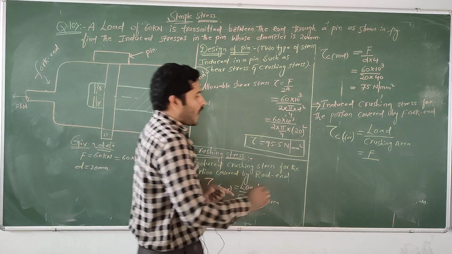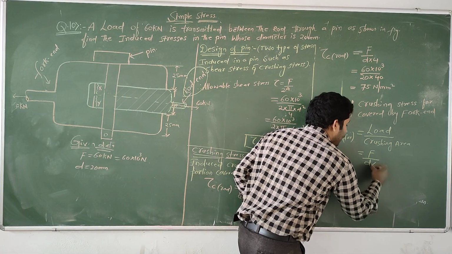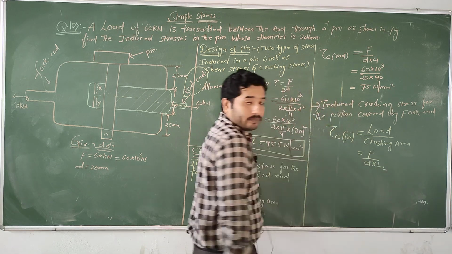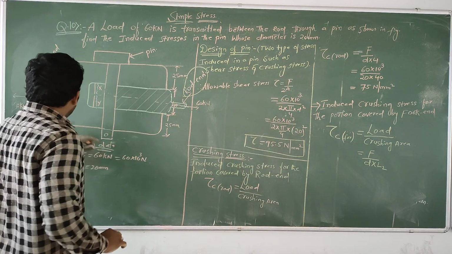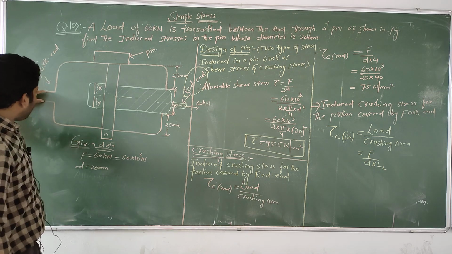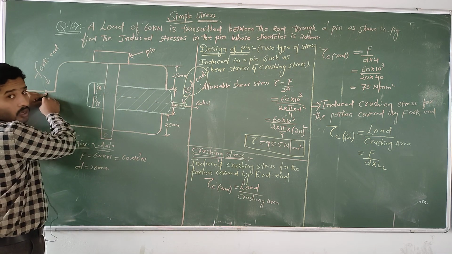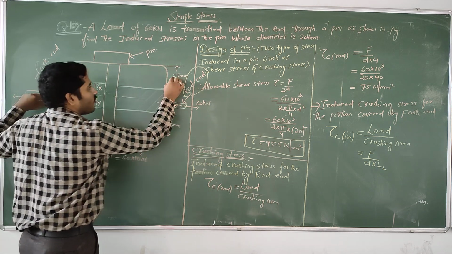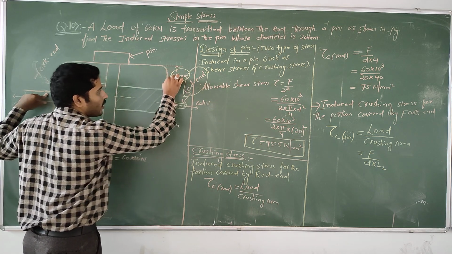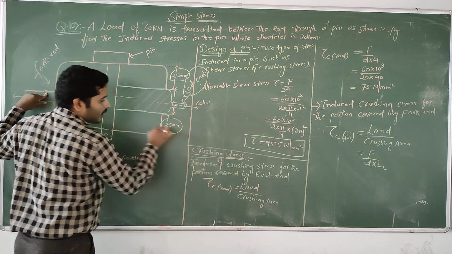The formula is diameter into length L2. Diameter is 20 mm. The cover length is the first length L1 and L2.